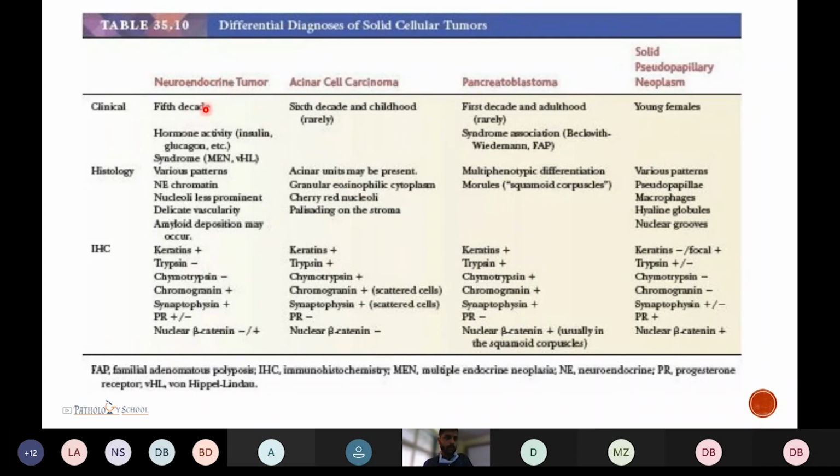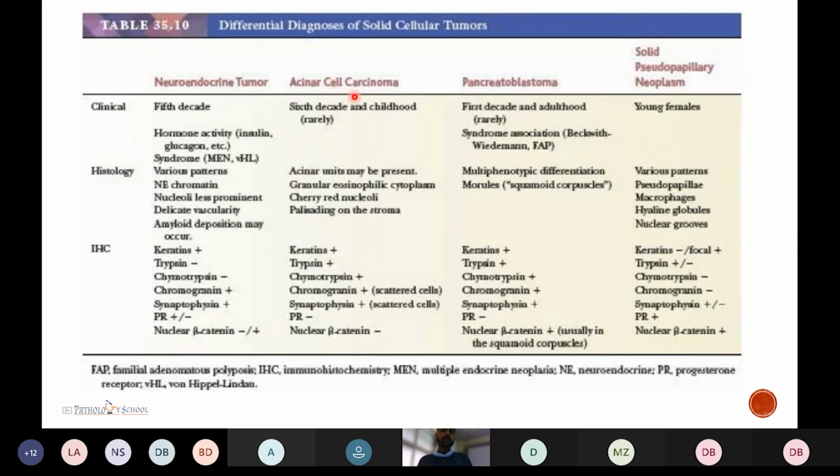Neuroendocrine tumor occurs in the fifth decade. As we have already discussed, it shows the typical NE chromatin, nucleoli are not prominent, and there is amyloid deposition. IHC shows positivity for chromogranin and synaptophysin. It is negative for trypsin and chymotrypsin, and keratin also shows positivity. Nuclear beta-catenin and PR may show positivity in neuroendocrine tumor.